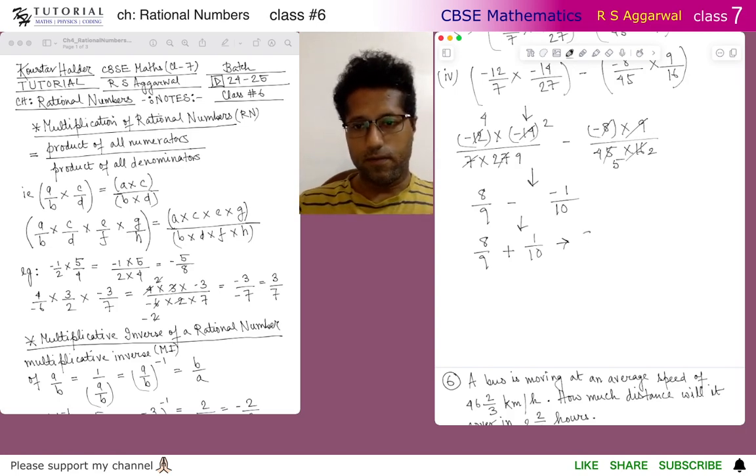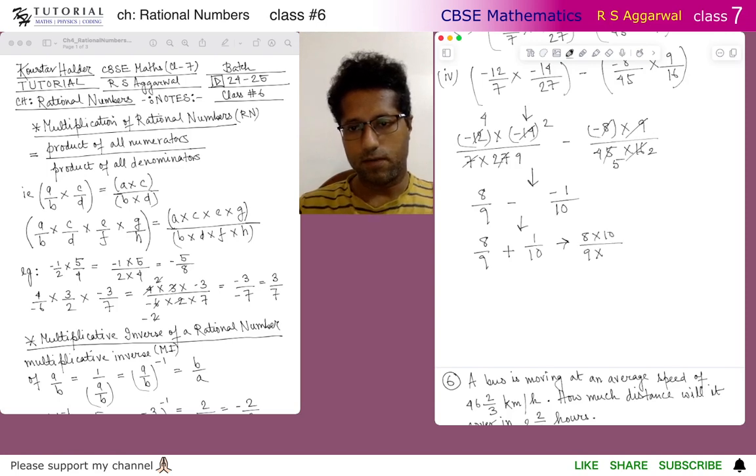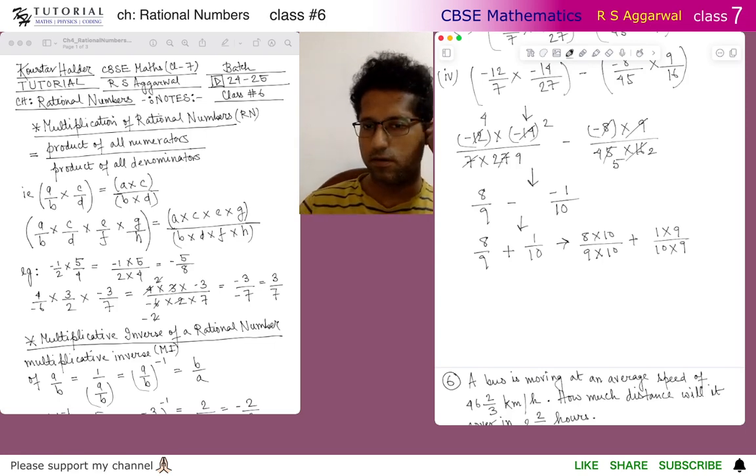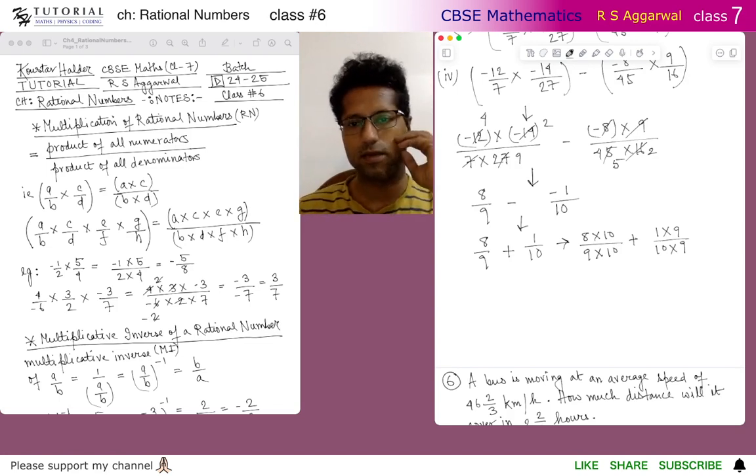So it will be 8 multiplied by 10 divided by 9 multiplied by 10 plus 1 multiplied by 9, 10 multiplied by 9. So when we do addition, we convert the individual rational numbers to their equivalent form so that they have a common denominator of the LCM of the denominators. So in this case, the LCM of 9 and 10 is 90.